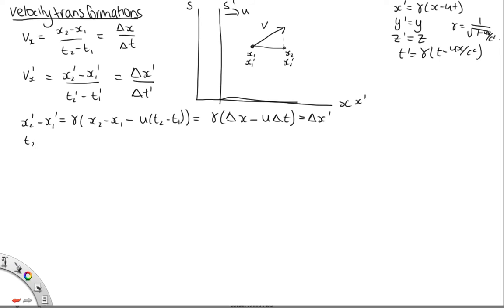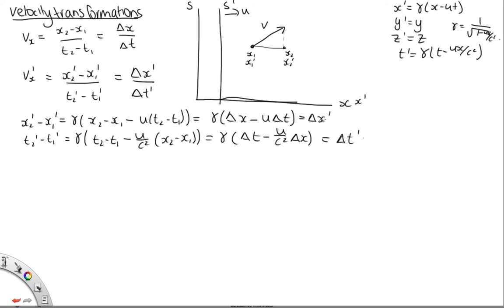And t2 prime minus t1 prime is equal to, using this Lorentz transform over here, gamma t2 minus t1 minus u over c squared x2 minus x1. So this is equal to gamma delta t minus u over c squared delta x, which is our delta t prime.